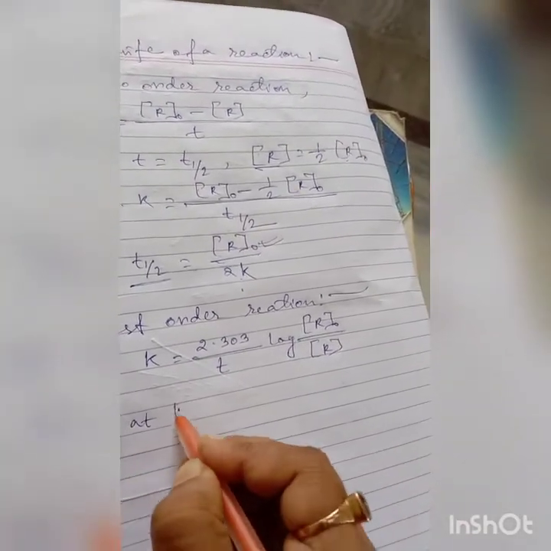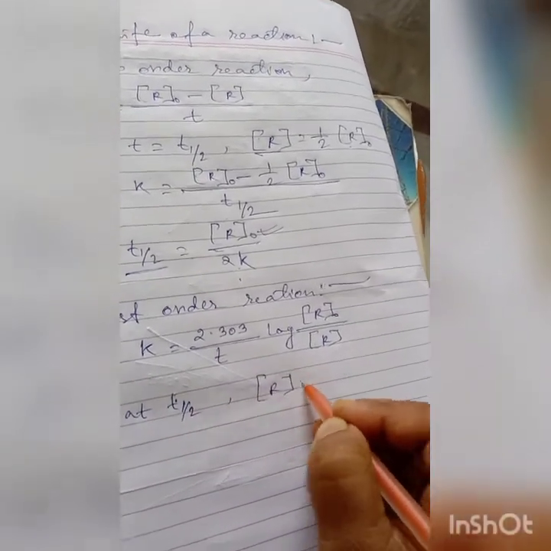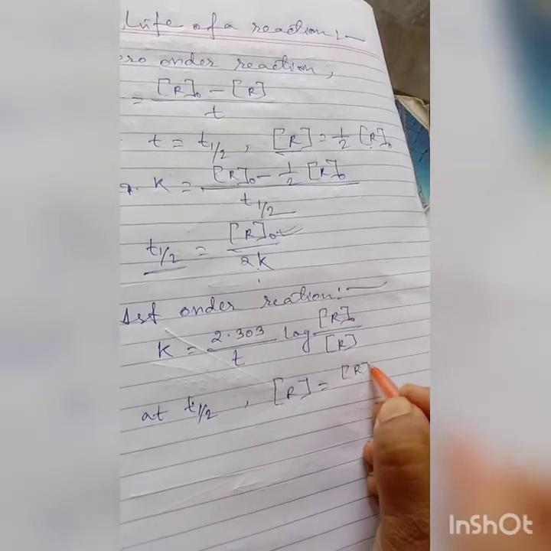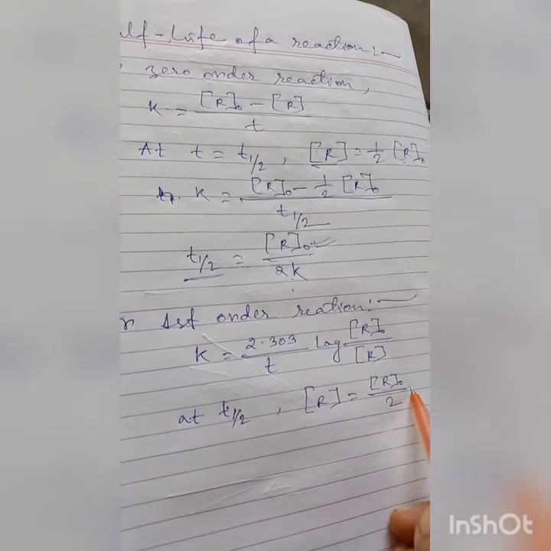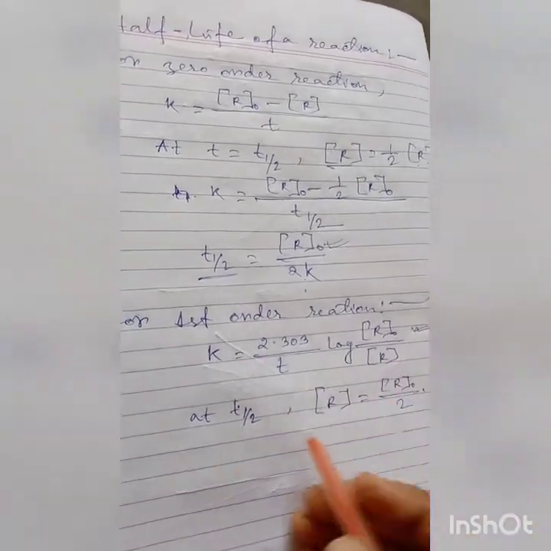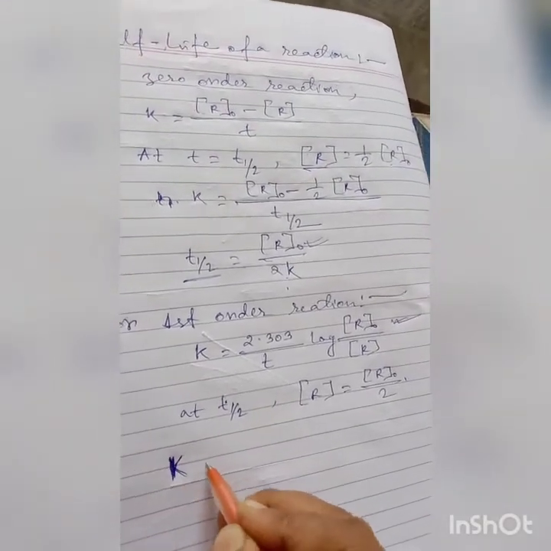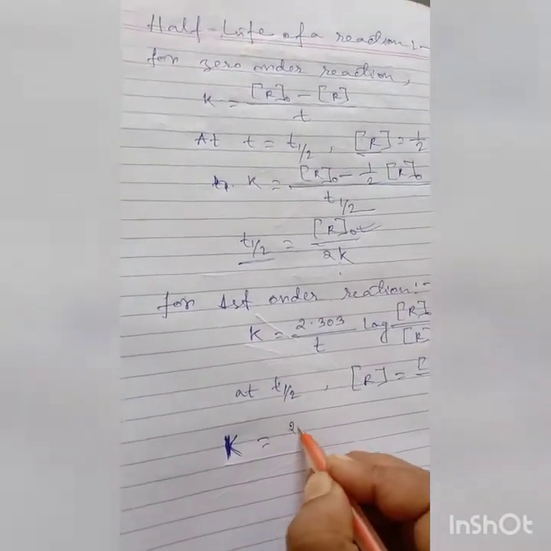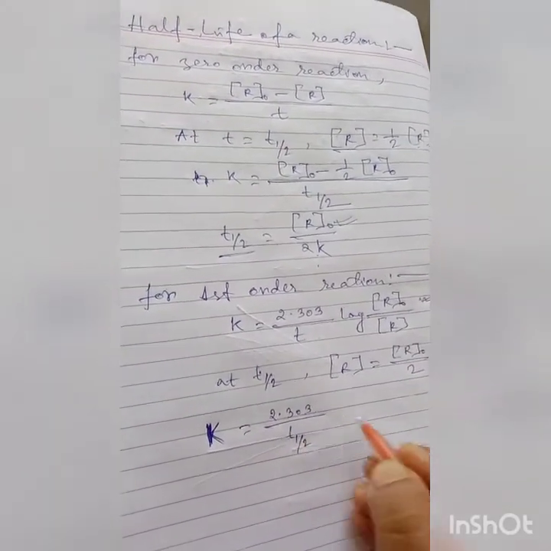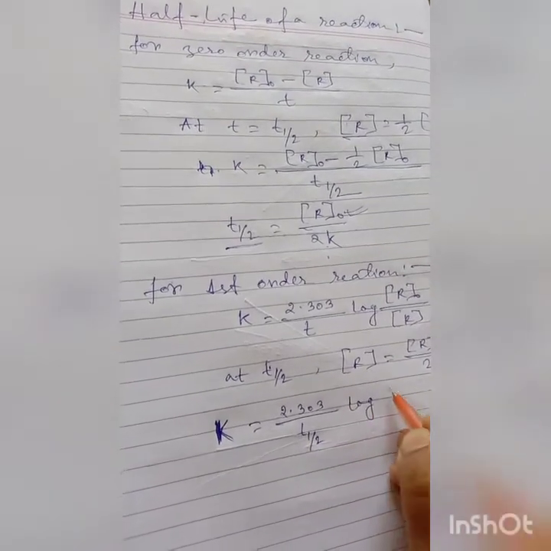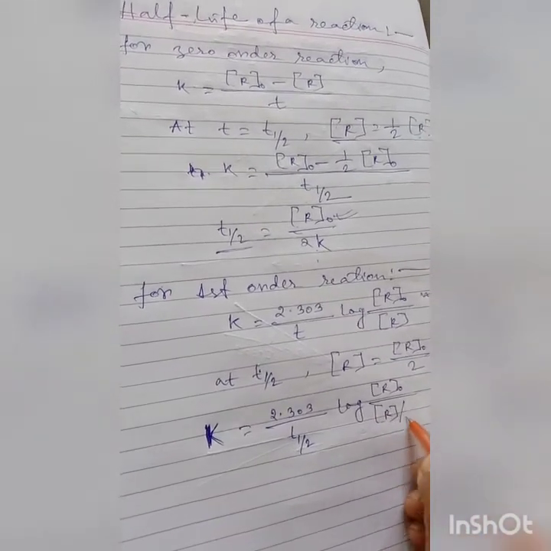At T half, R equals R0 by 2, so this equation becomes k equals 2.303 by T half log of R0 by R0 by 2.